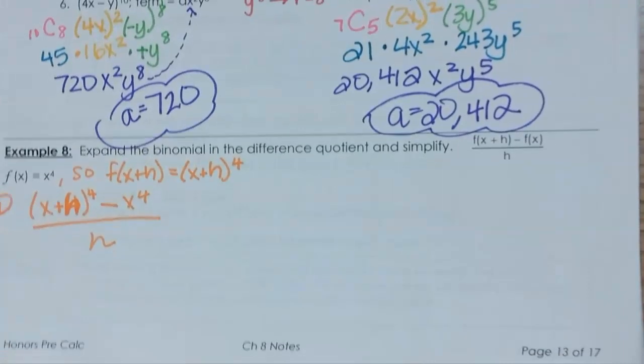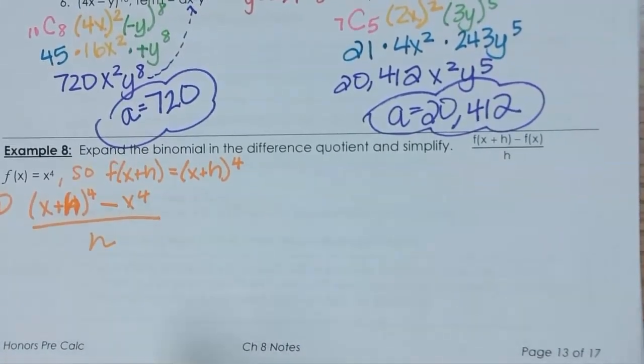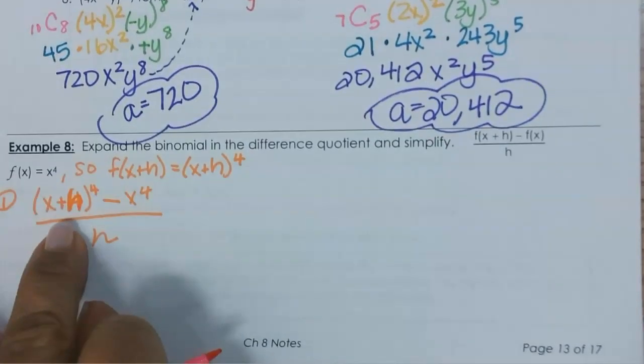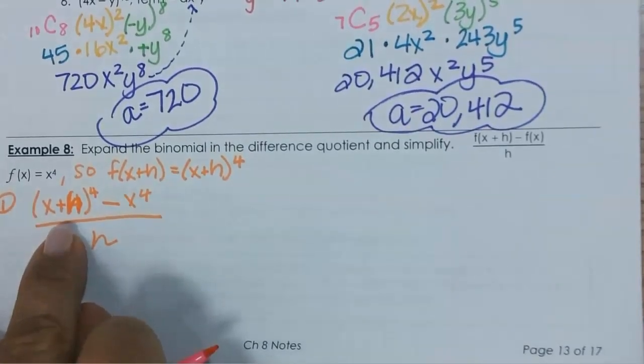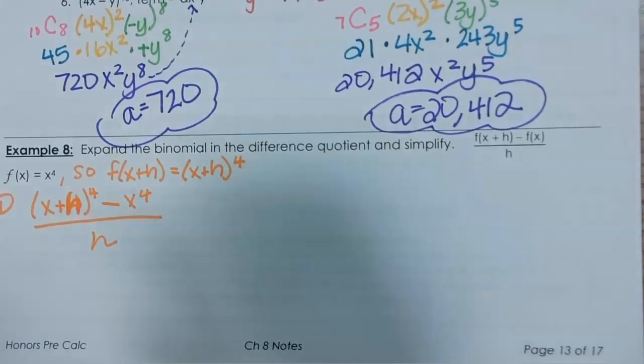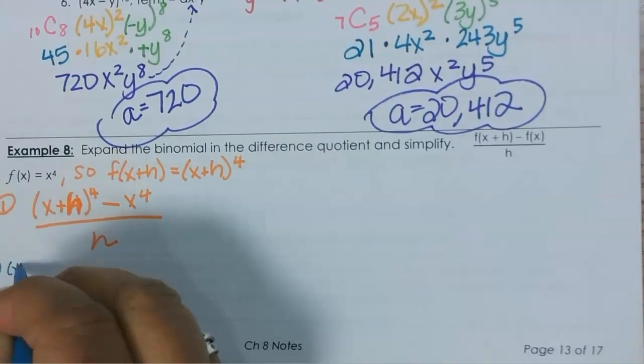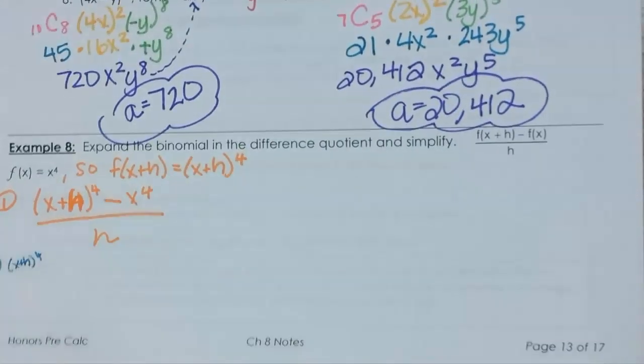And it wants us to expand on that. Okay? Well, what we can do is use the binomial theorem to help us out with this. We can say, all right, let's give that a whirl. Use the binomial theorem on x plus h to the fourth.